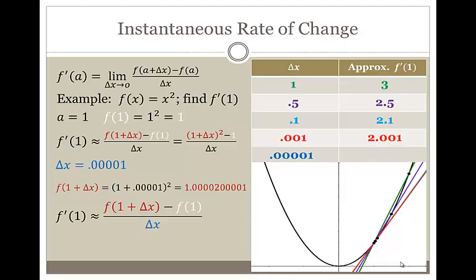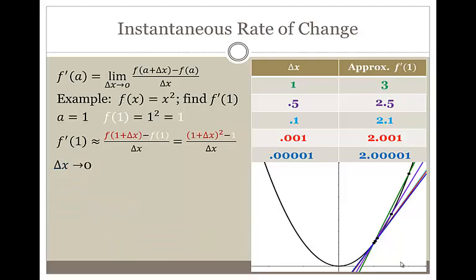Calculating our approximation for f prime of 1, again as we did before, comes out to 2.00001. So our last approximation for f prime of 1 is 2.00001. And again, we can visualize this approximation as the slope of the line between the 2 points, even though the 2 points are pretty much on top of each other right now.